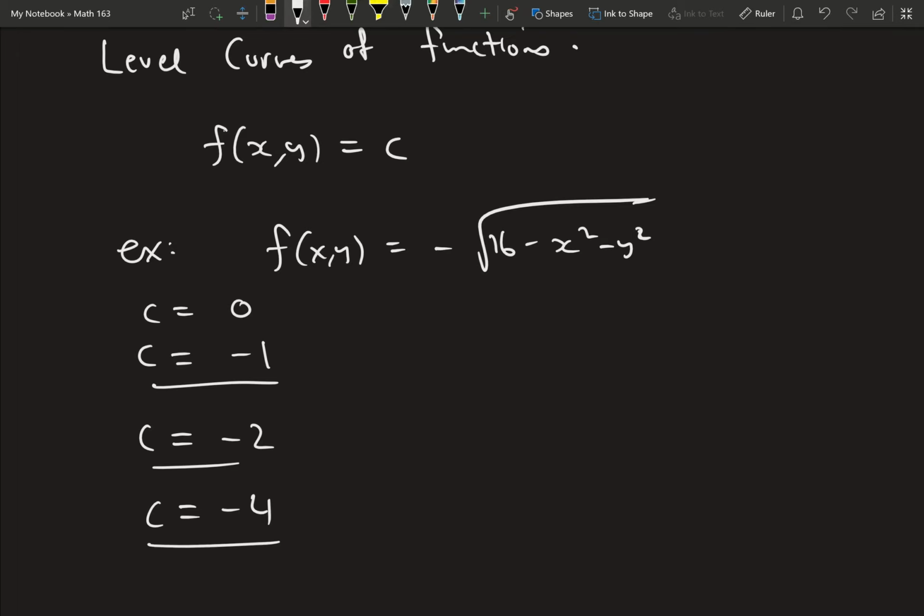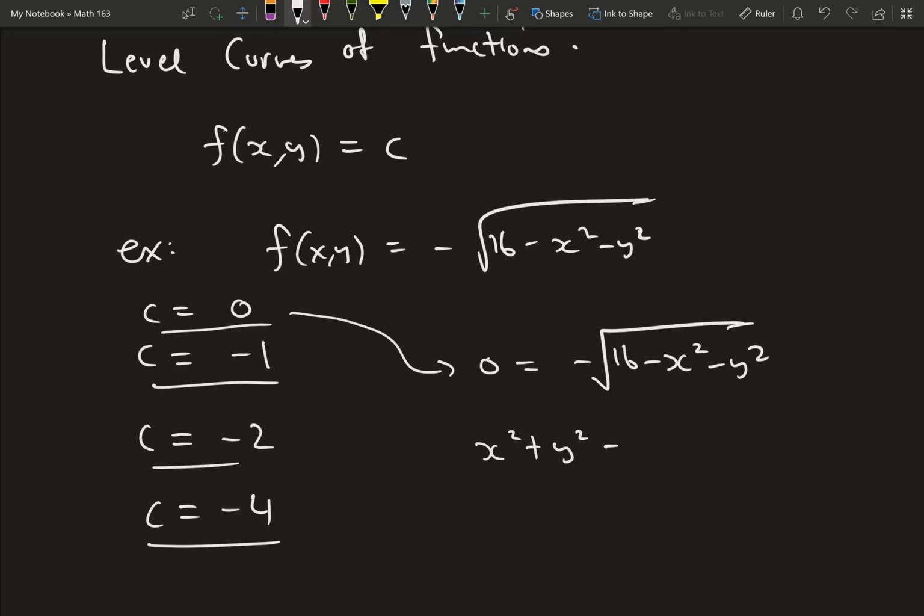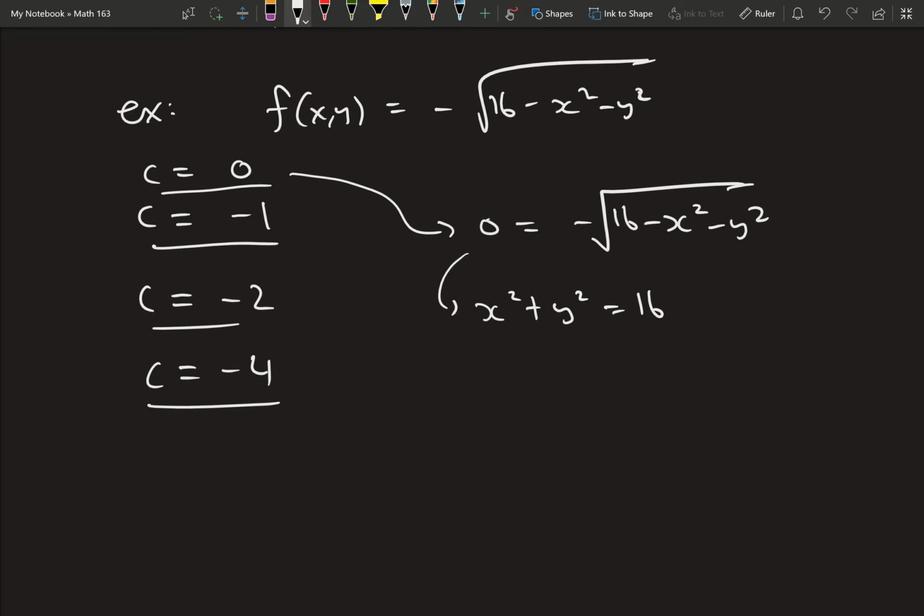So if we set f of x, y to be 0, we have this equation, which, when you square both sides and settle everything down, gives x squared plus y squared equals 16. So the level curve at c equals 0 is the curve x squared plus y squared equals 16.